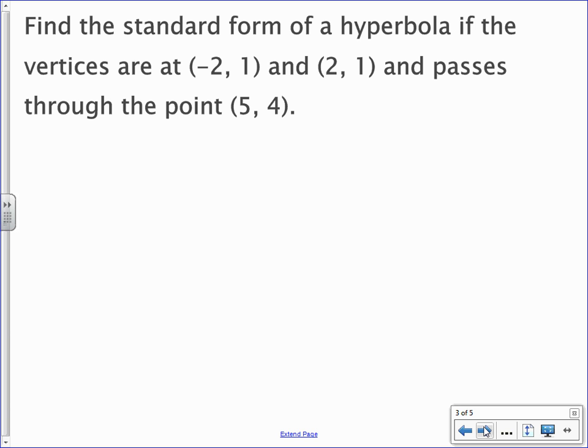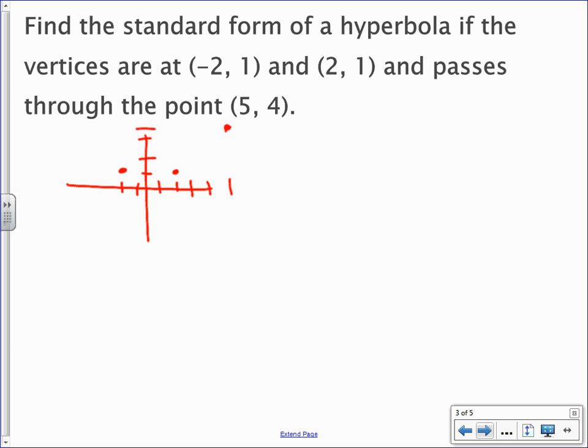Here's one that is similar to, what was it, like number 41 from yesterday that we asked about. We have a hyperbola with vertices (-2, 1) and (2, 1), and it passes through the point (5, 4).